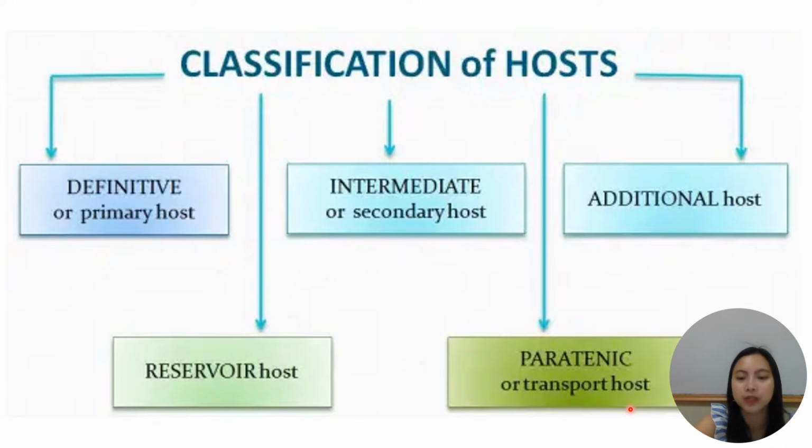From the name itself, transport host, there are no life cycle developments happening here. It can only transport. It keeps the parasite alive in its system, but it does not affect this type of host, but can infect another susceptible host. That's paratenic or transport host.